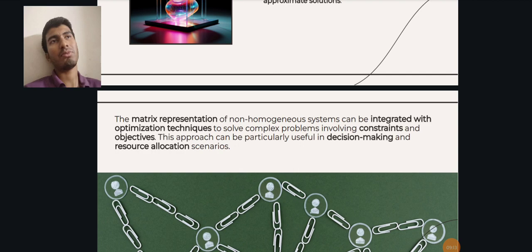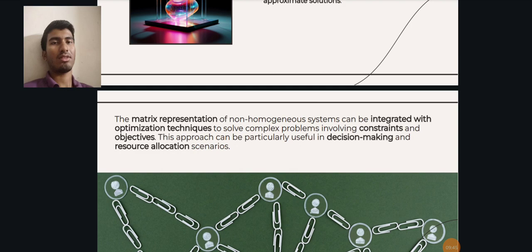The non-homogeneous or homogeneous equations can be used in trying to solve those equations, probably with the help of programs, with the help of mathematics. Non-homogeneous matrix iterative method can be used.